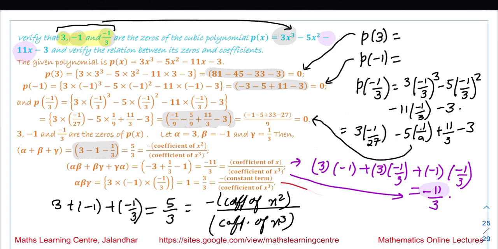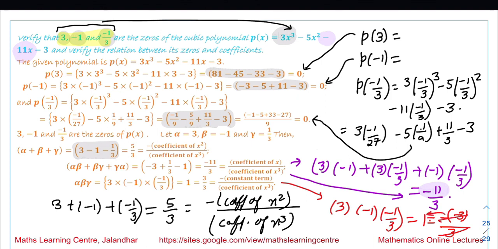Similarly, in the third case we are saying it is the product of roots. So the product of roots is 3 into minus 1 into minus 1 by 3. So the answer we have is 1, and that is equal to minus the constant term, which is minus 3, over the coefficient of x cube, which is 3. So when you solve this value, you will get the answer is 1.